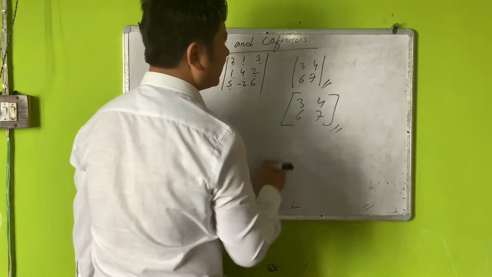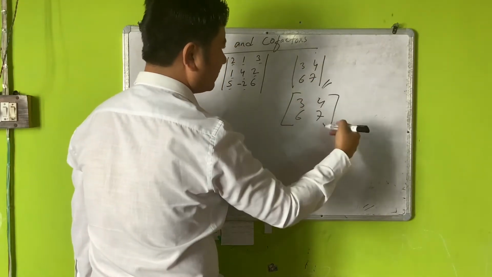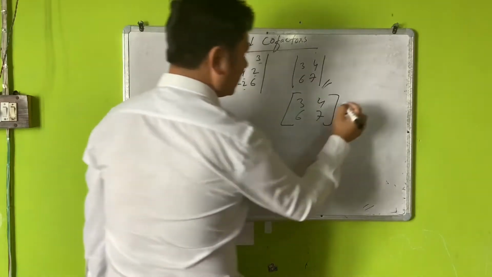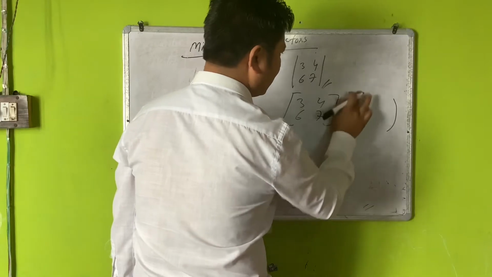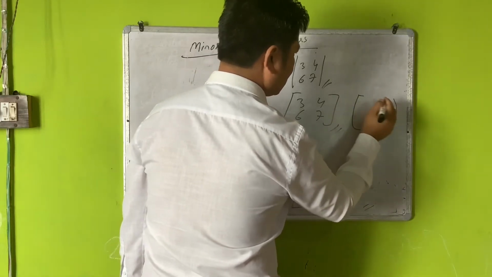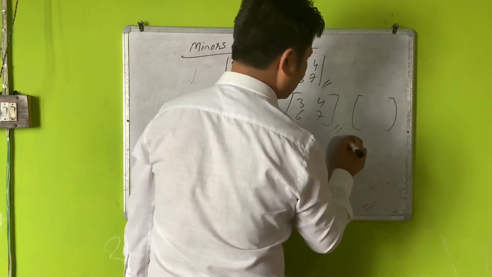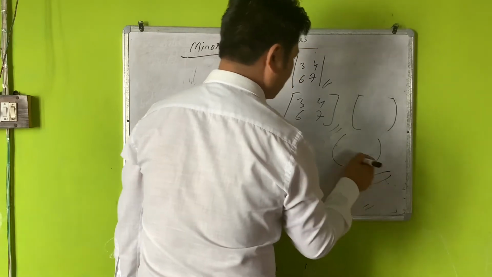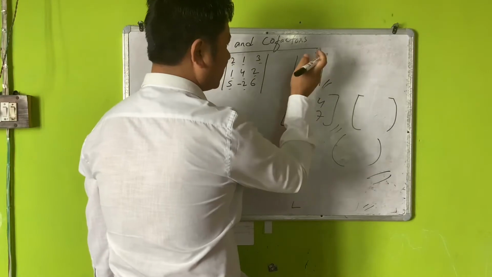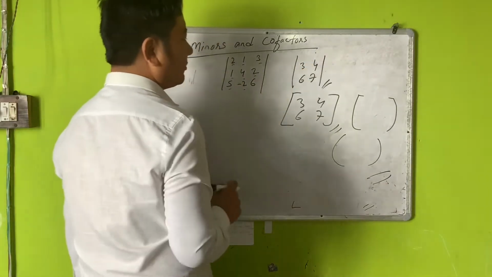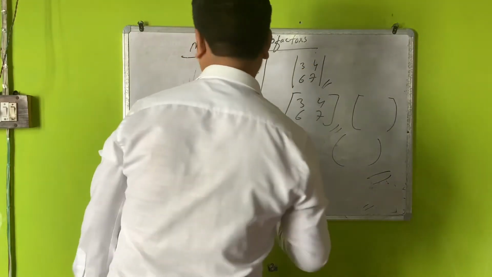This is called determinant, but the symbol is different. You can also write it like this, which is also a symbol of matrix. So if numbers are inside this kind of symbol, then it is called determinant.